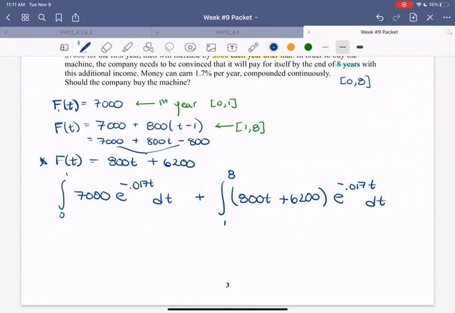I'd like you to pause the video, and you can either work out these integrals by hand, maybe using u-substitution or integration by parts, or feel free to use your calculator. Again, the focus in this section is on business applications, so the priority is setting up these integrals. I'll let you pause the video and then we'll look at it together.